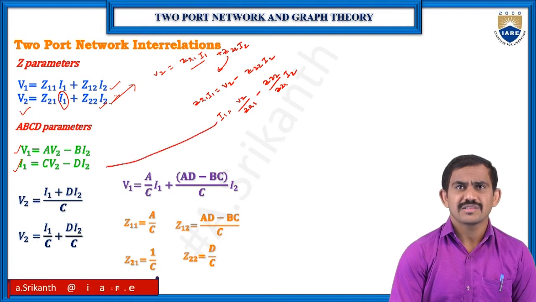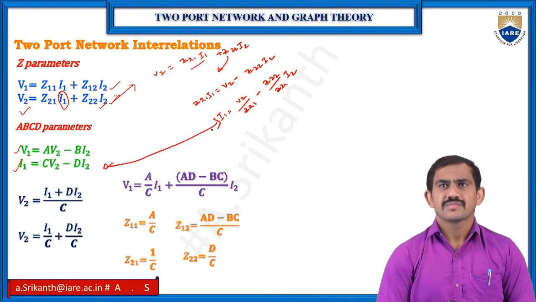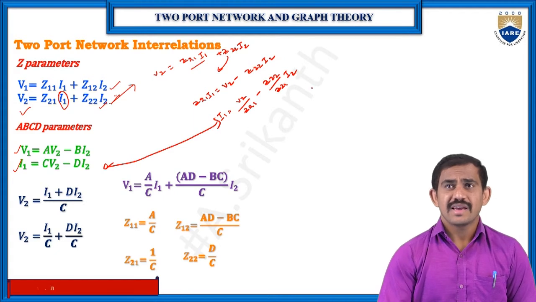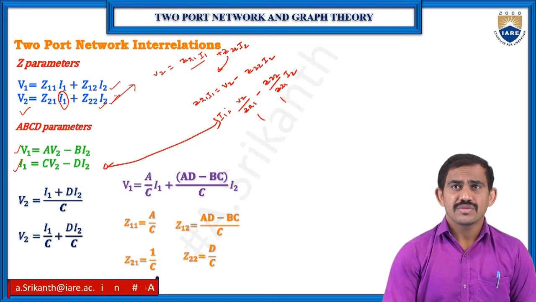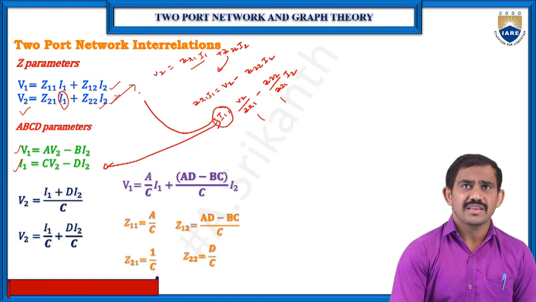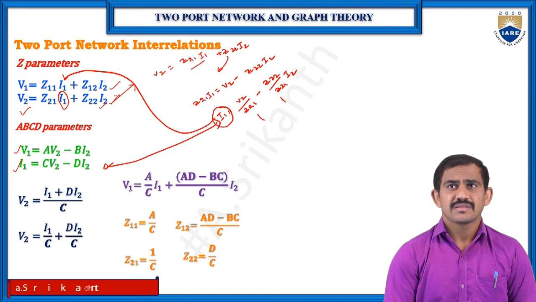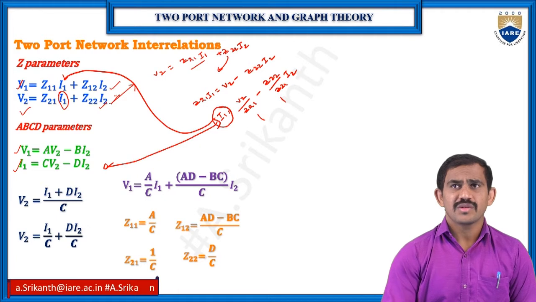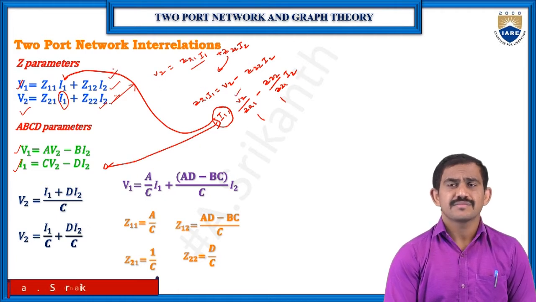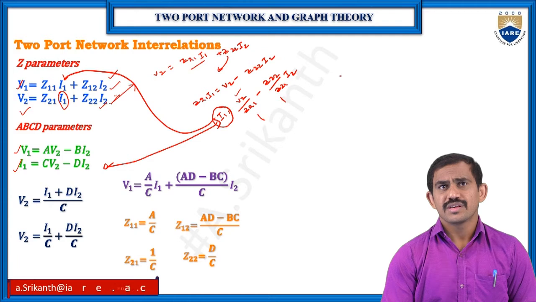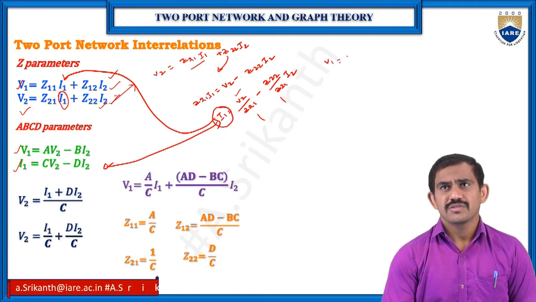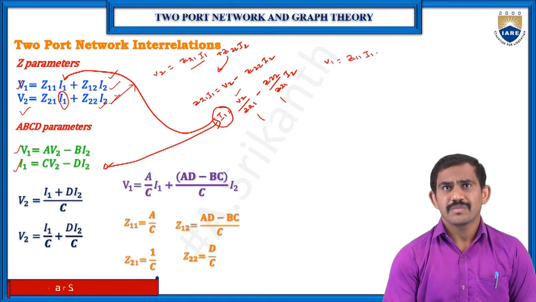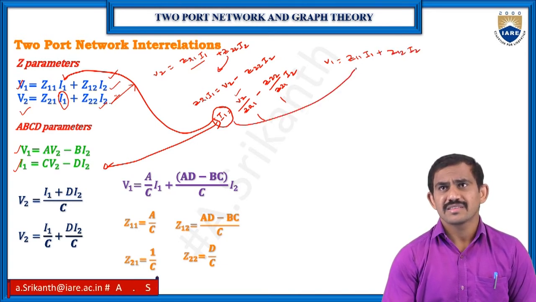Now compare with this equation. We have the C value, D value. So if you substitute this I1 value in this equation, then we'll get V1 in form of V2 and I2. Now check it. So here V1 is equal to Z11 I1 plus Z12 I2. So substitute this I1 value in this equation.